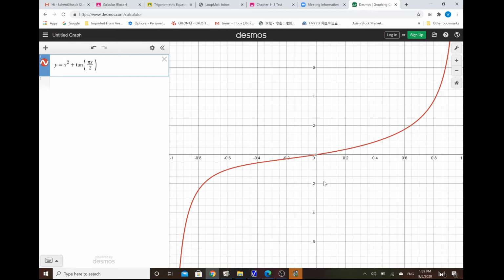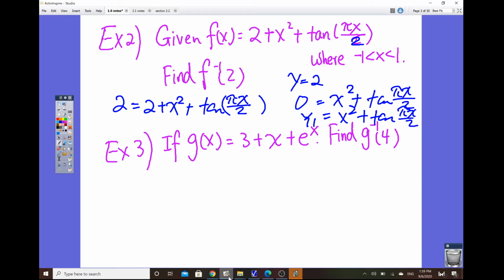If you just want to find the x-intercept, we do have one position here, which means x equals 0. If y1 equals 0, then x must be 0.